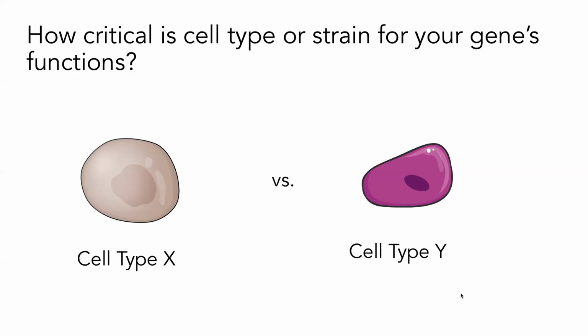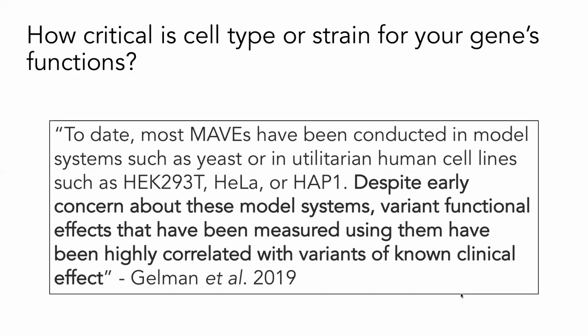Related to this, I want to bring up a quote from a recent publication by some former colleagues of mine, where they point out that many of the DMSs that have been done, with a clinical focus, are either in non-human cell lines or non-human systems, or are in models that are not necessarily the most relevant for disease.